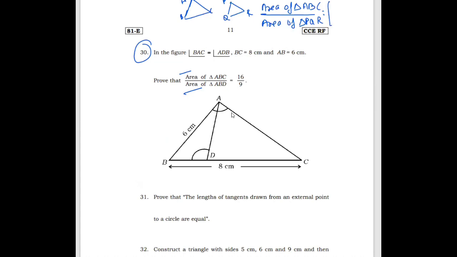That is, AB by PQ whole square is equal to AC by PR whole square, which will also be equal to one more side, BC by QR whole square. So this is one theorem that you have for your 4 marks question.